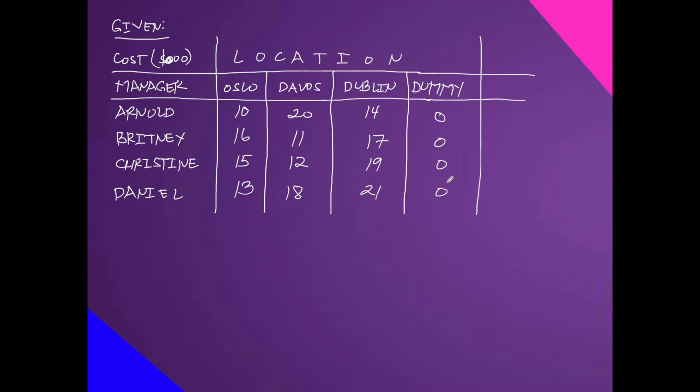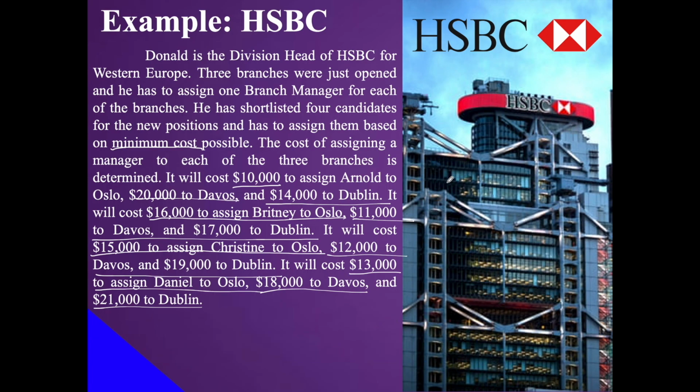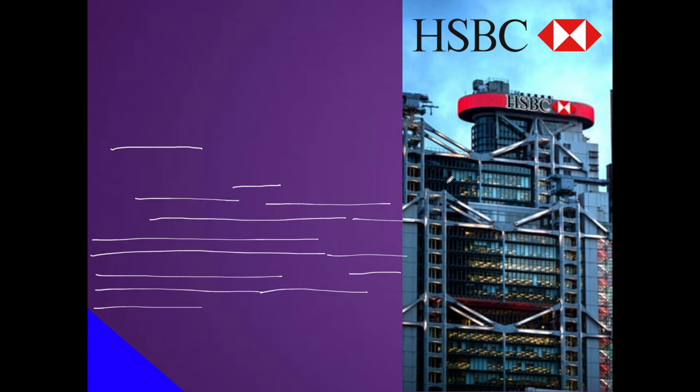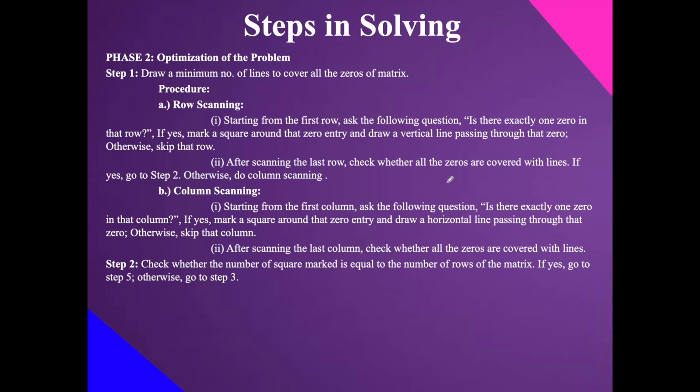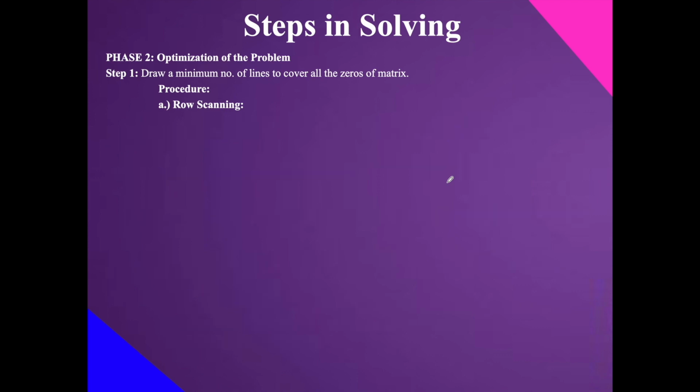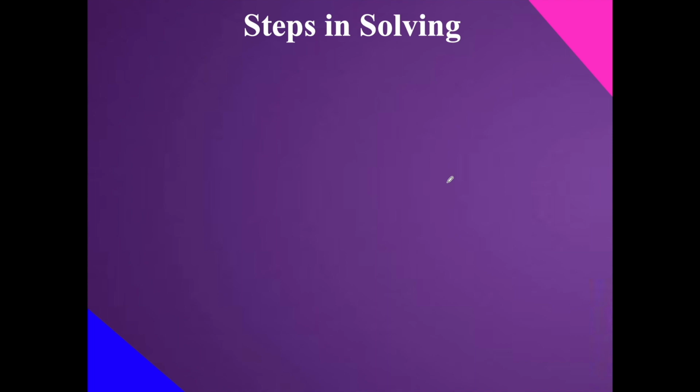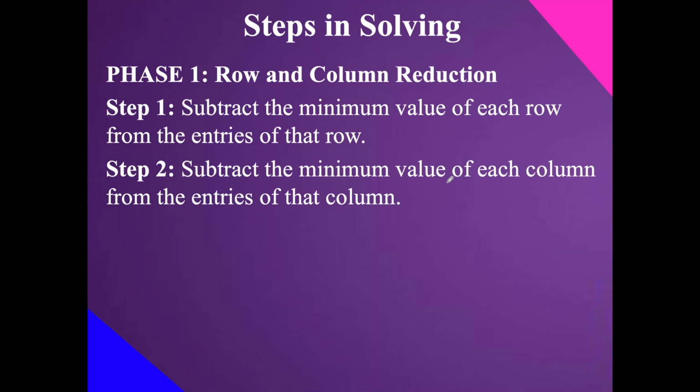Okay? So, ngayon, balikan natin yung mga pinagsasabi ko kanina na mga steps in solving. Yung binasa ko, no? Na alam kong hindi nyo pa na-gets dahil wala pa kayo mismo sa ating problem. So, unahin natin yung phase 1. Sabi daw sa phase 1, step 1, subtract the minimum value of each row from the entries of that row.